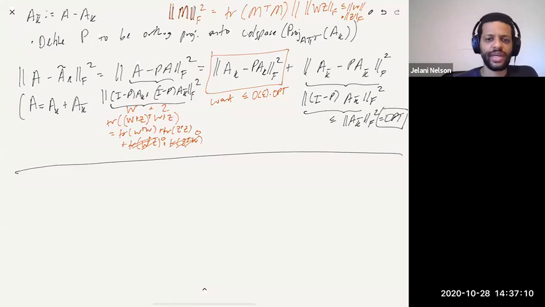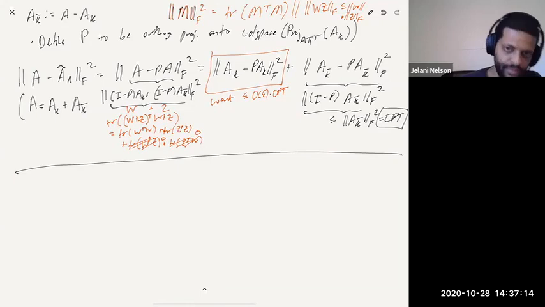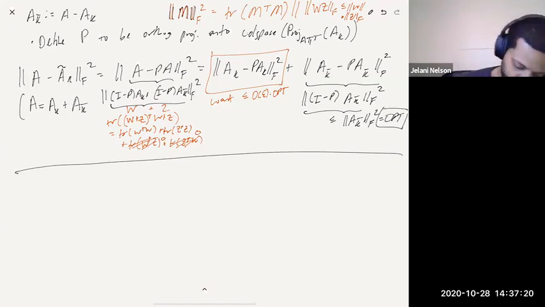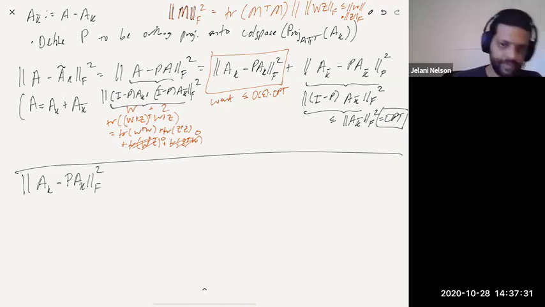Okay, so we have that the Frobenius norm squared of AK minus P AK.